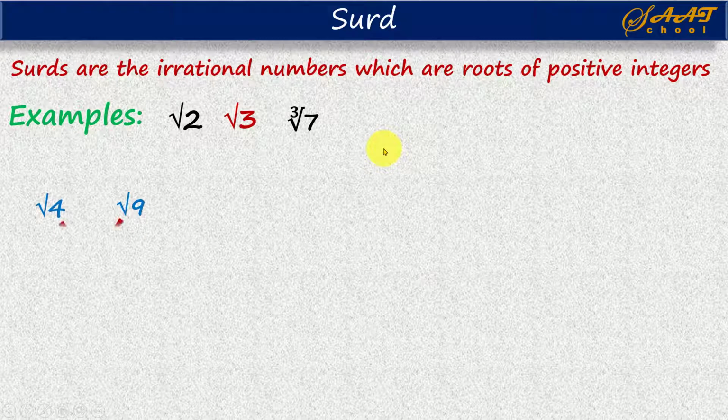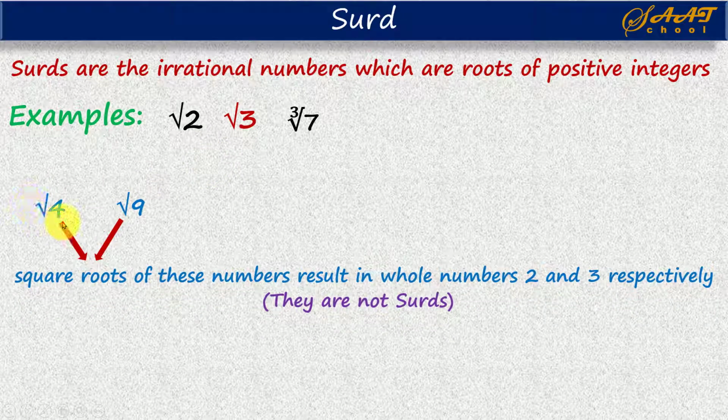Now here we have two numbers which are square root of 4 and square root of 9. If you find the square root of 4, that is equal to 2, which is a whole number. If you find the square root of 9, that is equal to 3, which is also a whole number. So when you find the square root of any number, if that is equal to a whole number, then they are not surds.